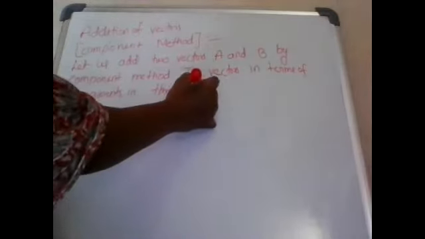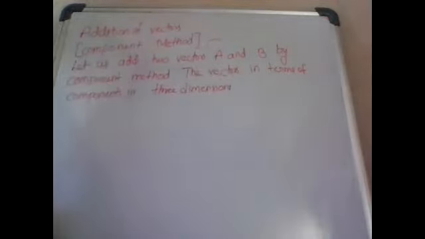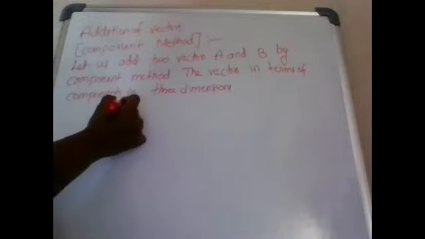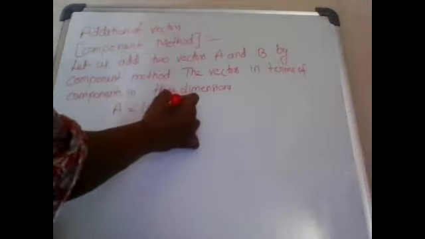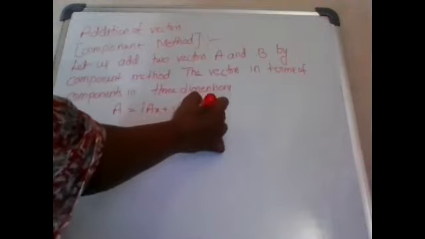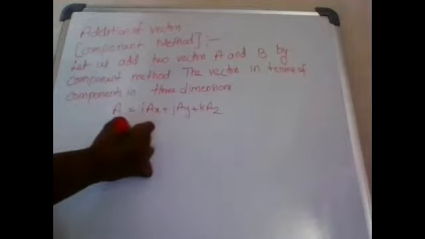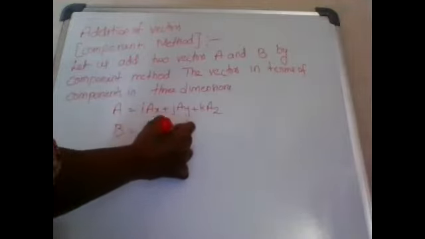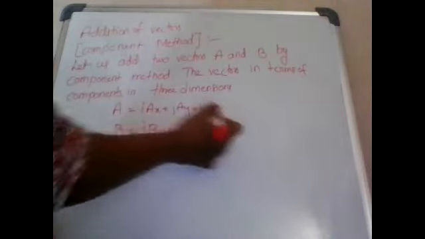Then A vector equal to i into A suffix x plus j into A suffix y plus k into A suffix z, and B vector equal to i into B suffix x plus j into B suffix y plus k into B suffix z.